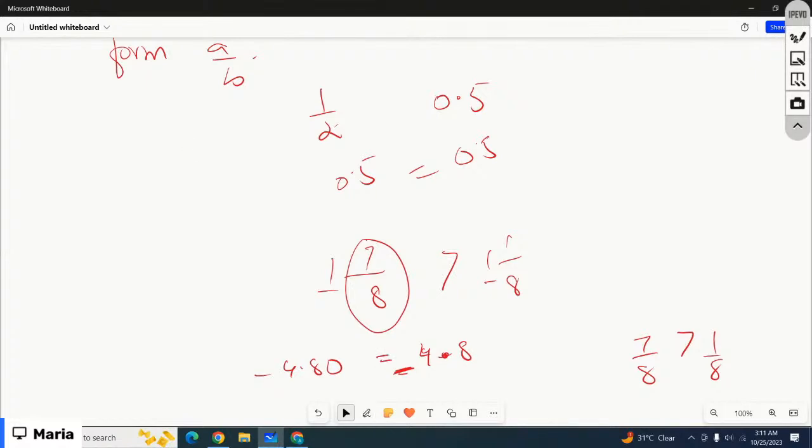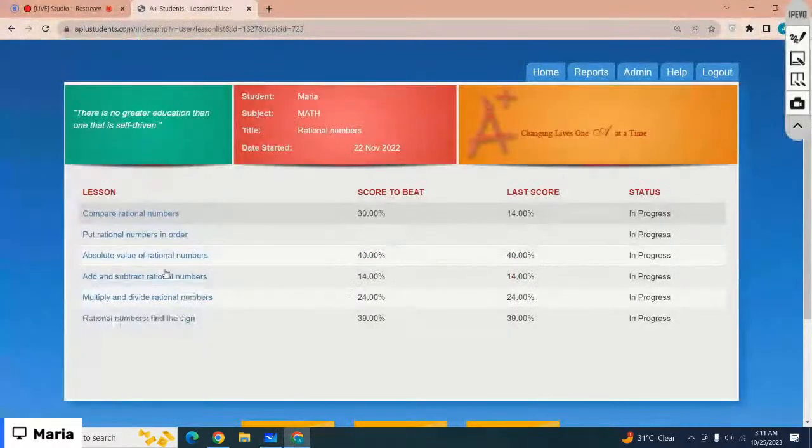They both have negative signs. They both have the same value, so negative 4.80 and negative 4.8 are equal. The next one is, when you compare two rational numbers, you can put them in order, right?